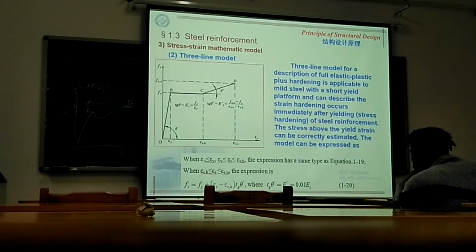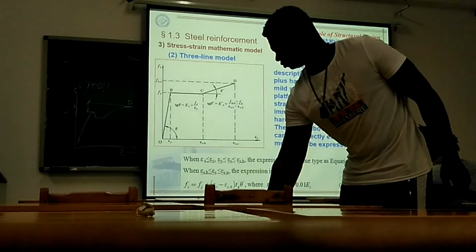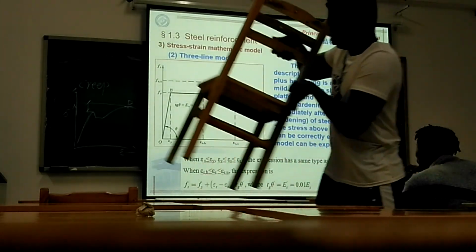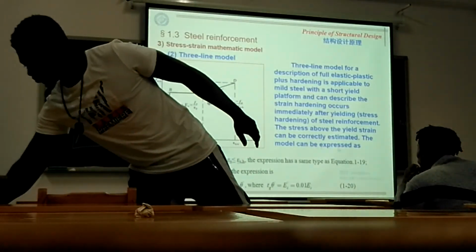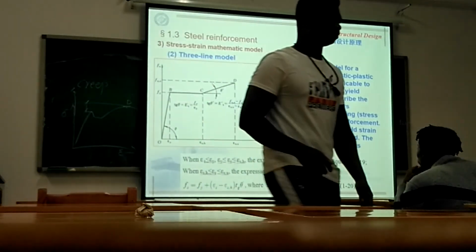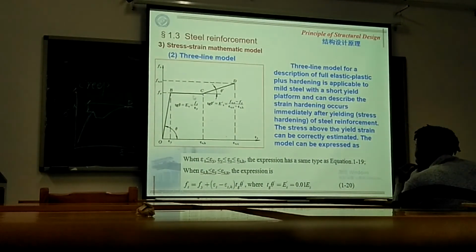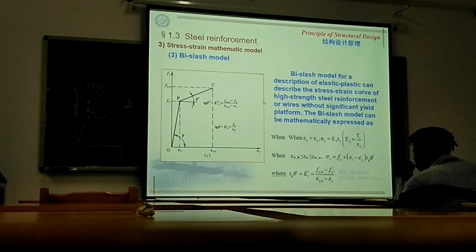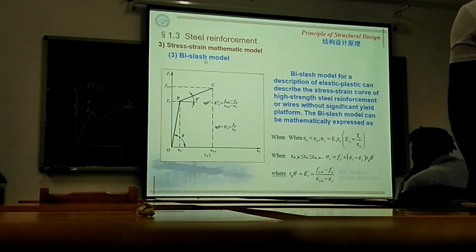So the stress beyond the yield strength can be correctly estimated, and the model can be expressed like this. It's also a very simple model, also a straight line. This is another model.